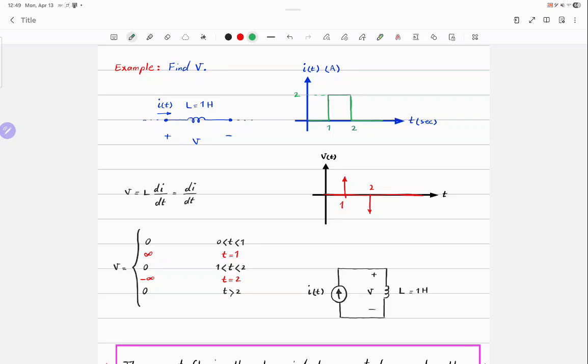But here is the thing. Do you remember I told you that inductors store energy? Store current in them? So as soon as you unplug the current source from that circuit, this is what happens. The current passing through the inductor won't change abruptly. It will go slowly down to 0.